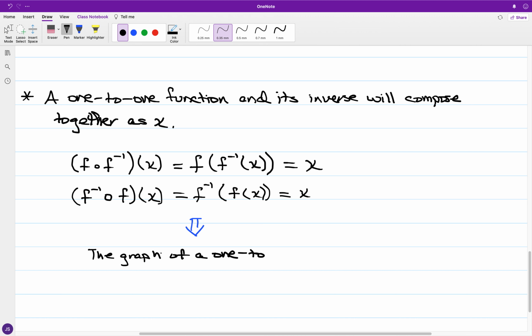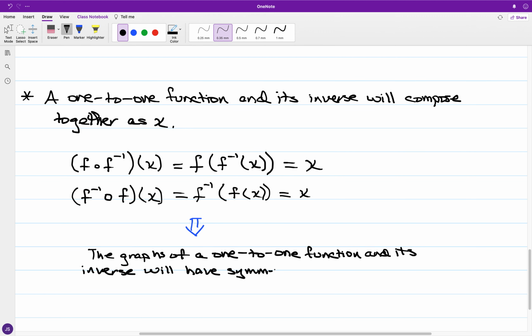Okay, so you have the graphs of a one-to-one function and its inverse will have symmetry with respect to the line y is equal to x.